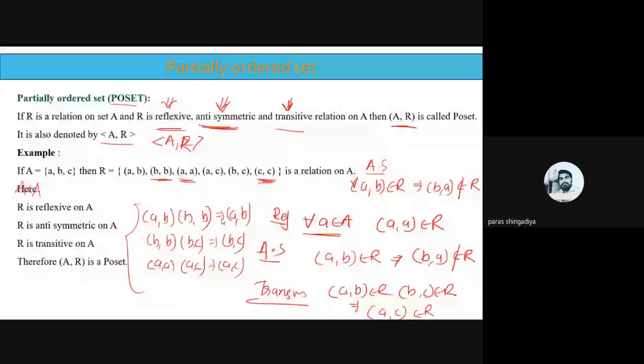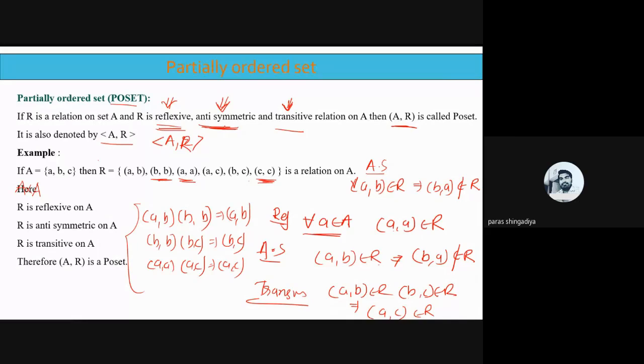If it satisfies reflexive, antisymmetric, and transitive, then these relations for the given set are known as a partially ordered set. Okay, so it is simple.